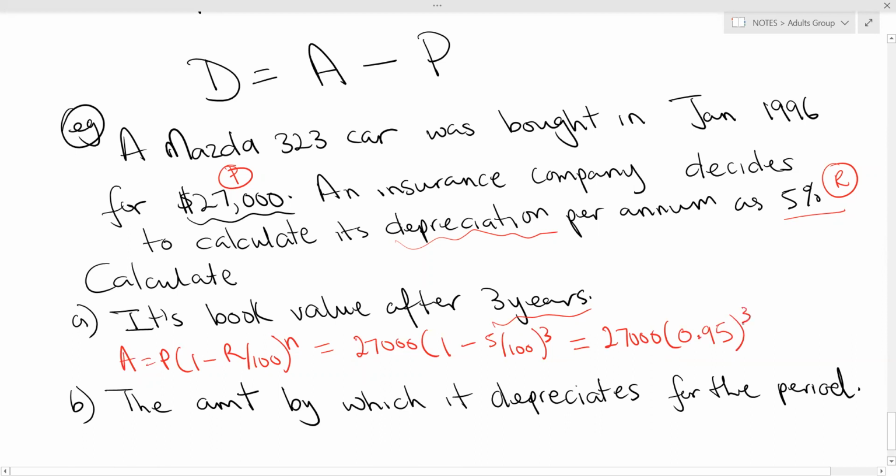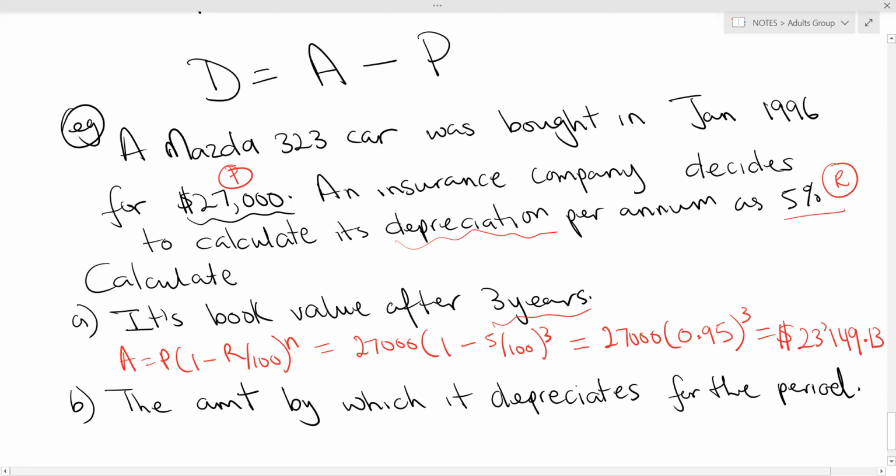And I could work this whole thing out in the calculator. I can put 27,000, open brackets, 0.95, close brackets, cubed, which will tell me this amount is 23,149.13, right?